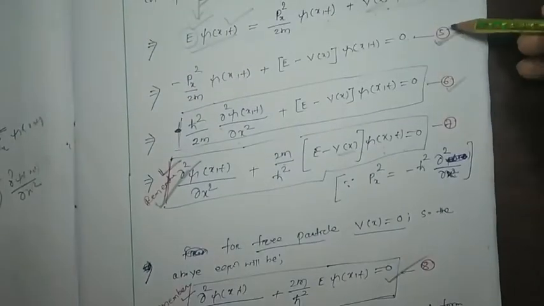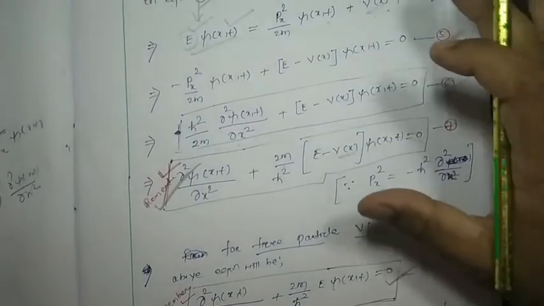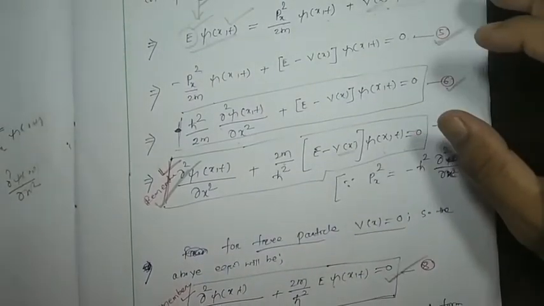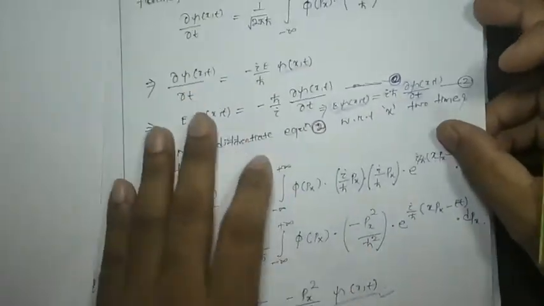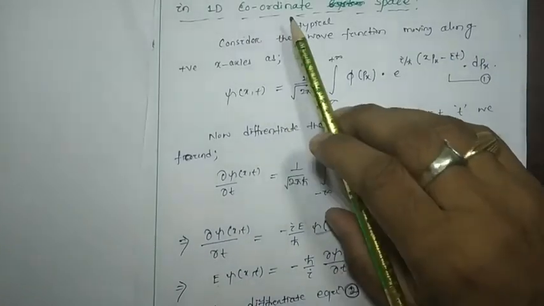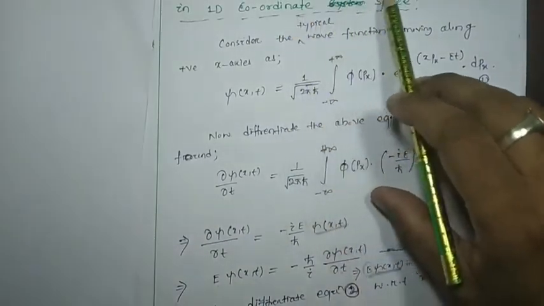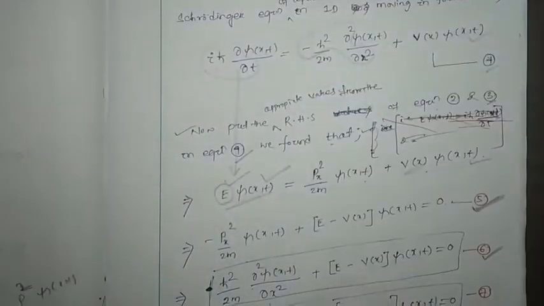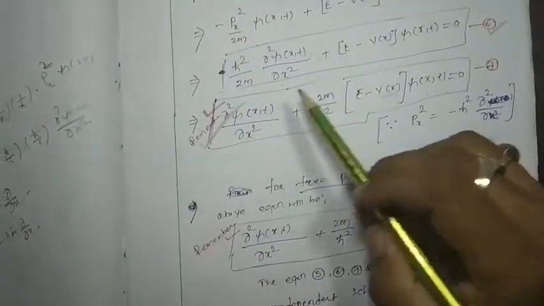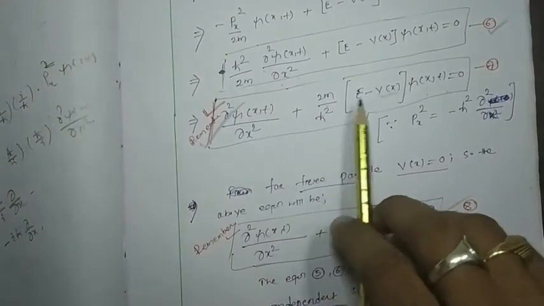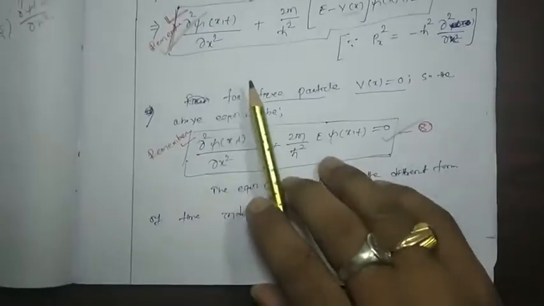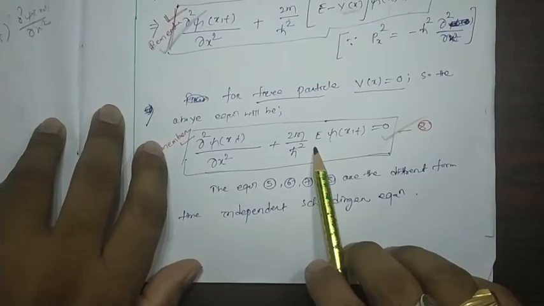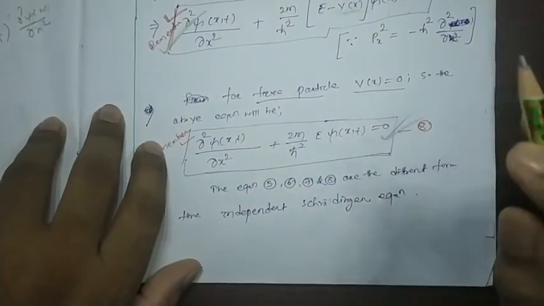Equations number 5, 6, 7, 8 are all the so-called time independent Schrodinger equation in 1D coordinate space. You have to remember that for a potential field this is the expression, and without potential field, for the free particle, this will be the expression.